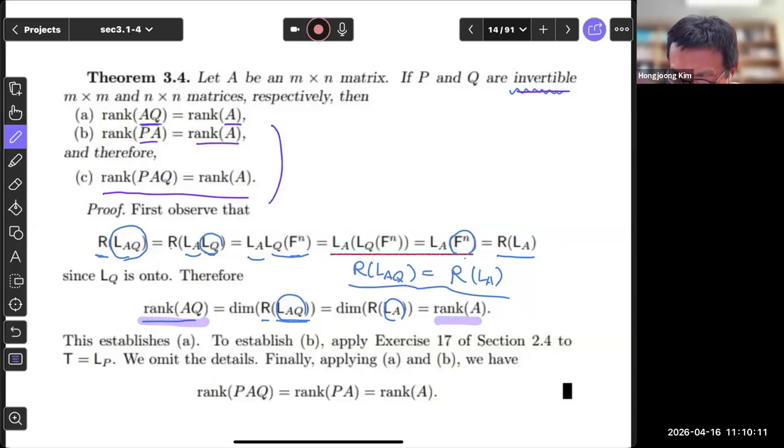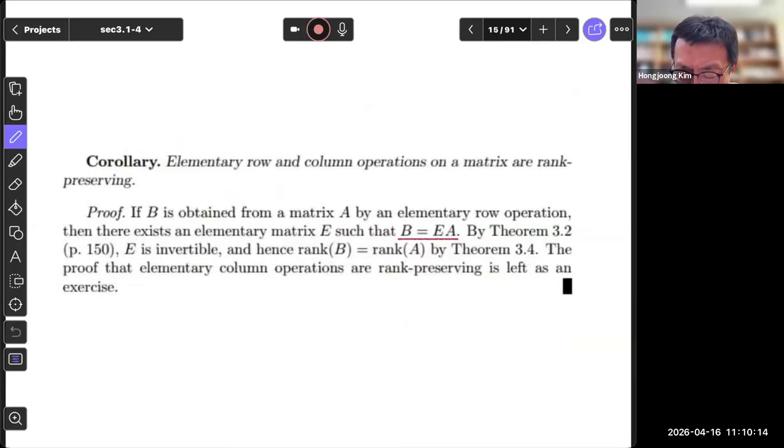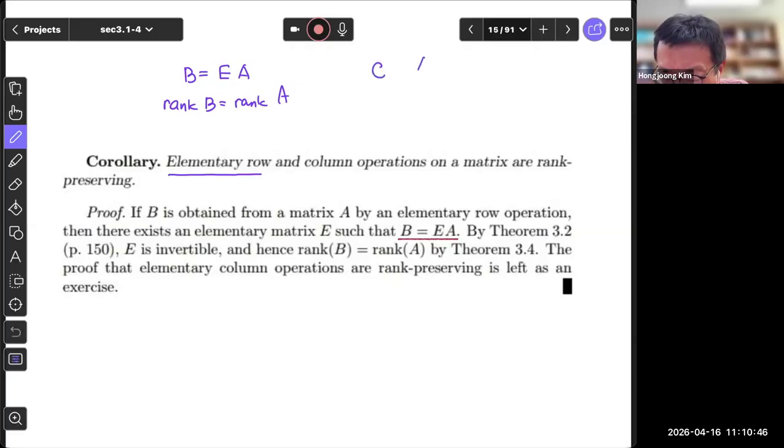Most importantly, if I consider an elementary row operation, so if I obtain B from A by performing some elementary row operation, then the rank of B will be the same as the rank of A. And if I consider an elementary column operation, so if C is obtained from A by performing an elementary column operation, then C is A times E. And even in that case, the rank of C and the rank of A will be the same.